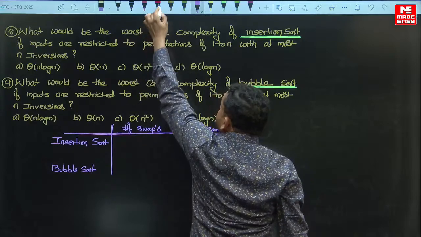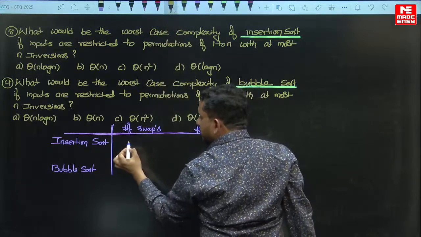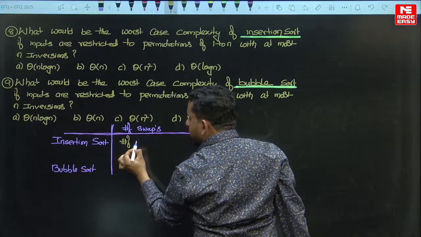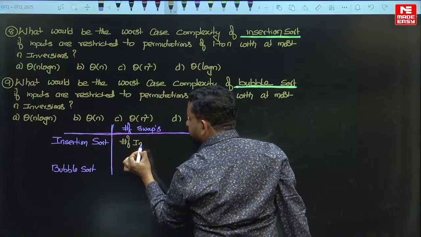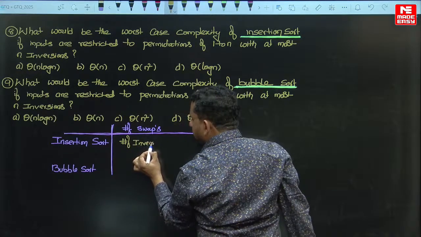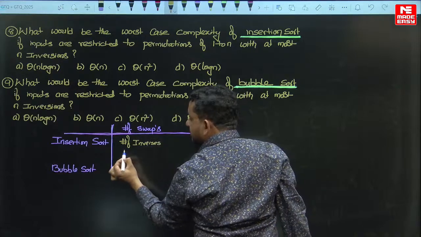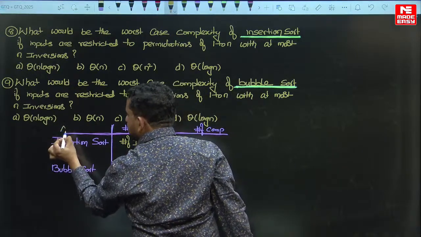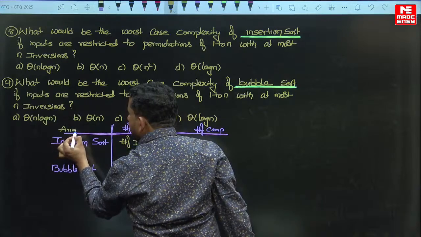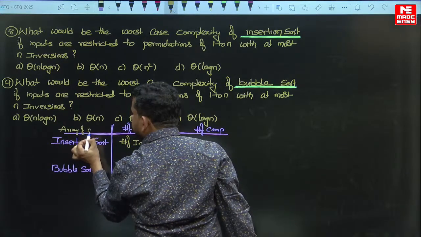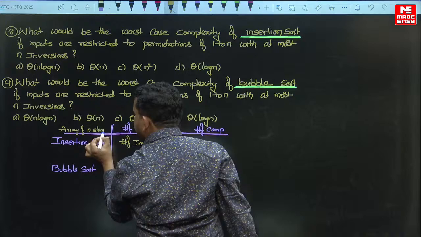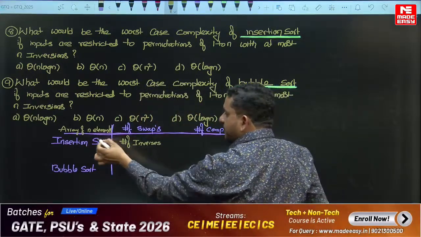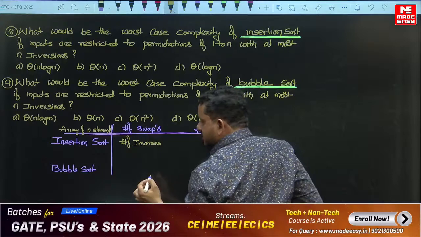Number of swaps for the insertion sort is exactly equal to the number of inversions of the array. Assume that the input is an array of n elements. The number of insertions is the number of inversions.